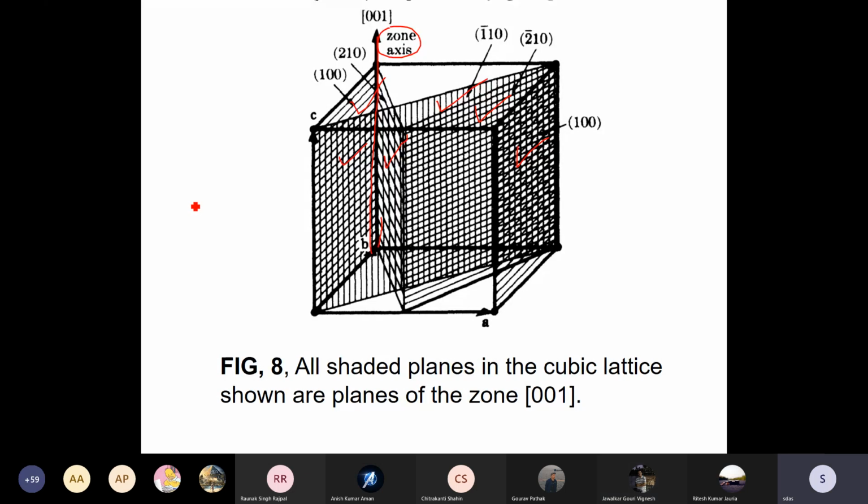Then will these planes satisfy Bragg's law? Yes, sir. This is exactly what we do in the transmission electron microscope. In X-ray you do it, and in transmission microscope you allow an incident beam to pass along a zone axis.